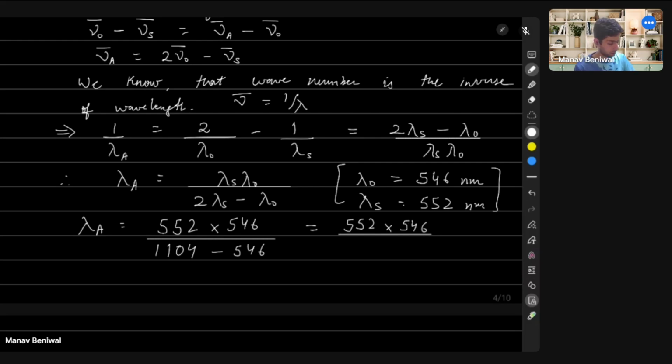Let me put this in the calculator. So lambda a comes out to be 540.13 nanometers.